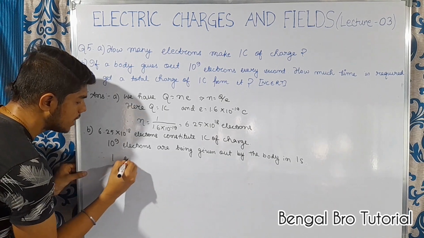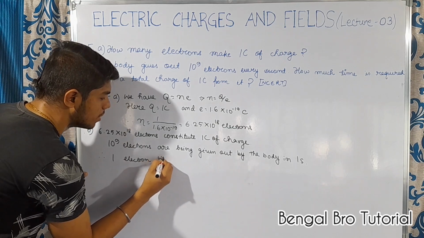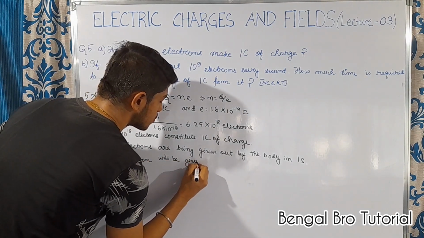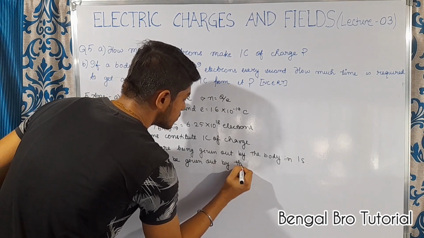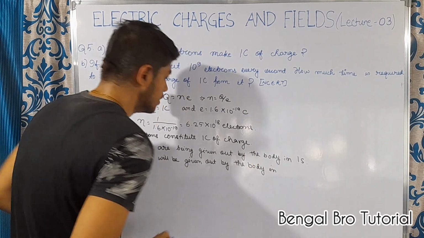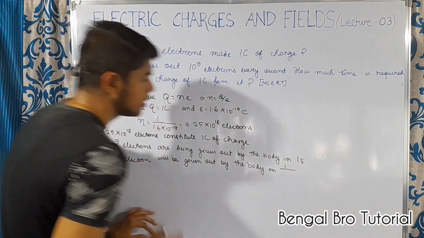Therefore, 1 electron will be given out by the body in 1 by 10 to the power 9 second.